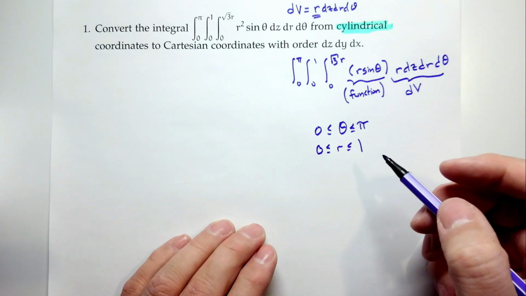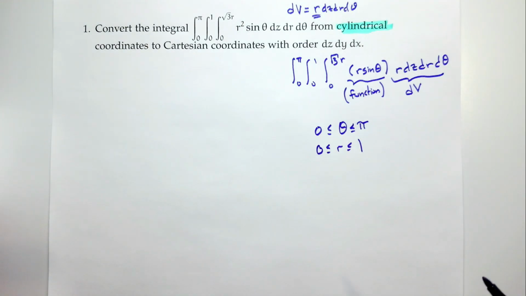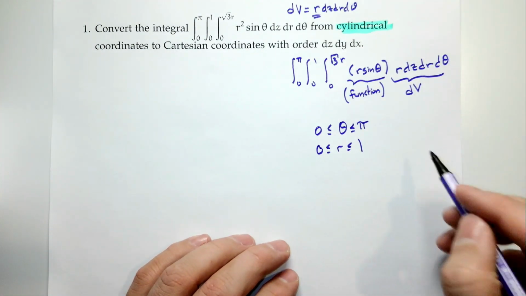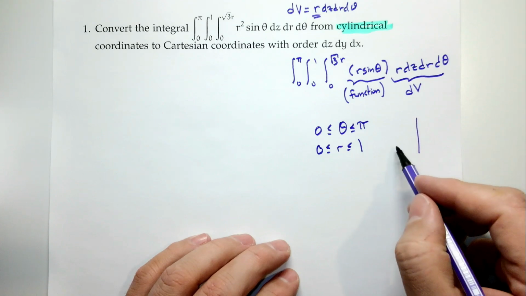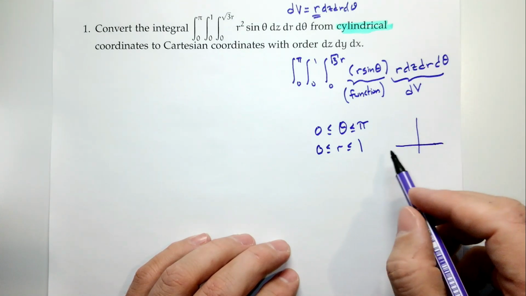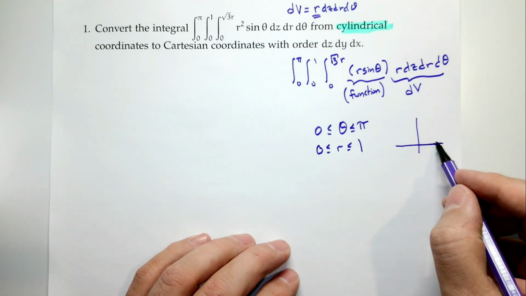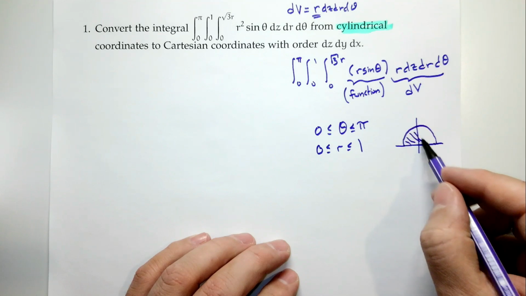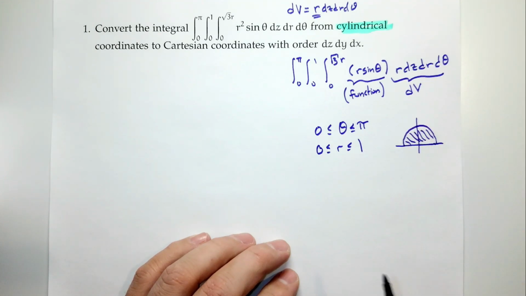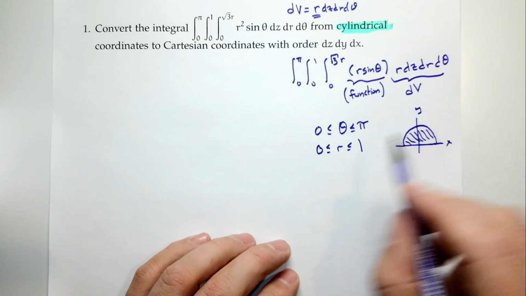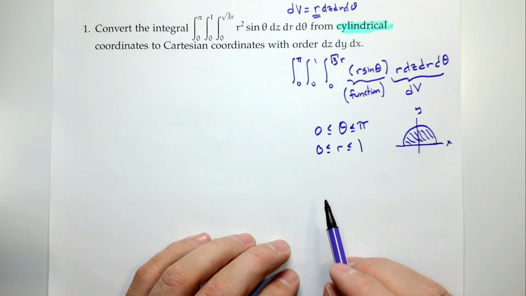If we stop with just that information, that's actually enough to tell us what's happening in the plane. 0 to pi is the top half, and 0 to 1 says we're going out to the unit circle. So that's our region here in the xy plane.